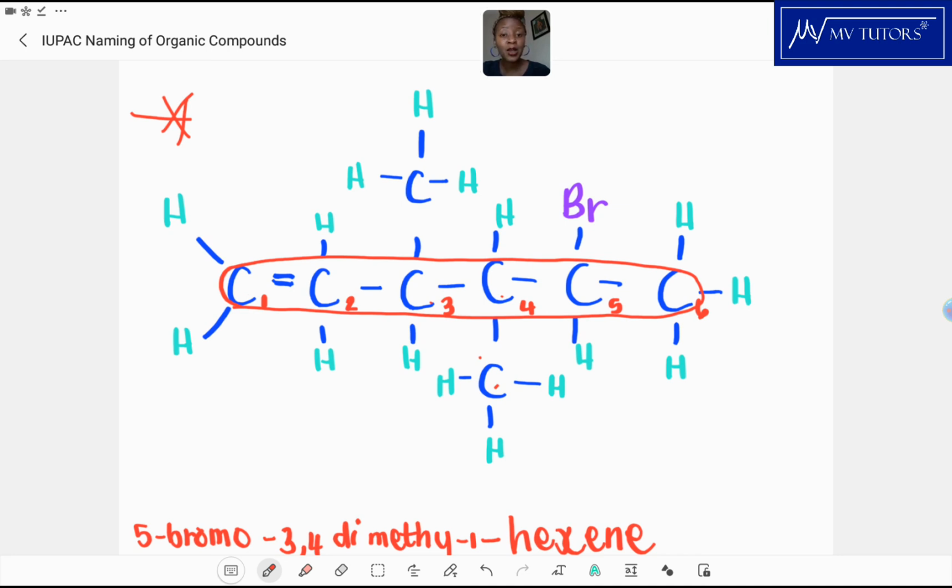So you can never have a haloalkene or a haloalkyne. It's only a haloalkane. If you add halogens or any other atom through an addition reaction, the double or triple bonds will break, but there are only haloalkanes.